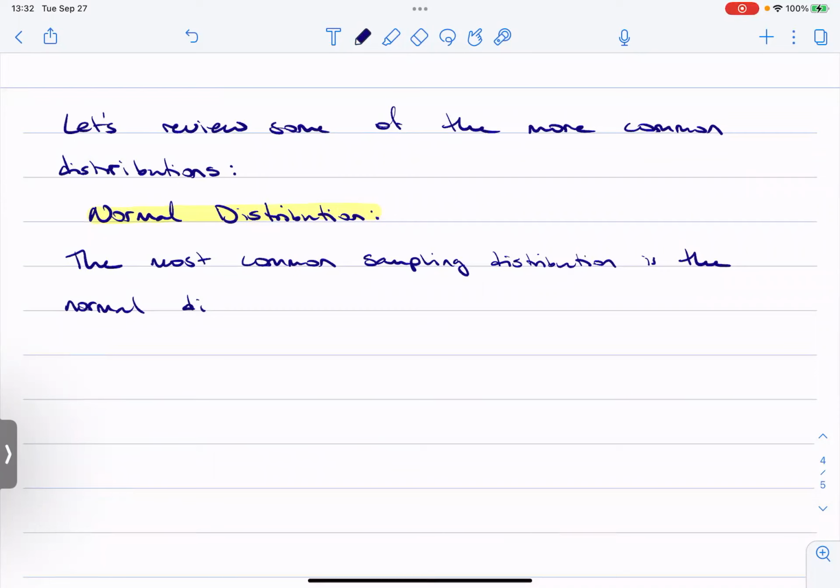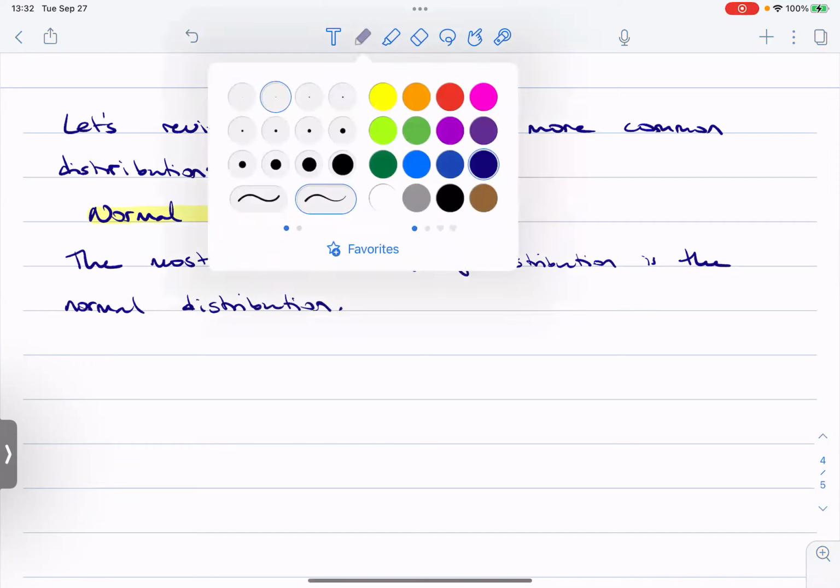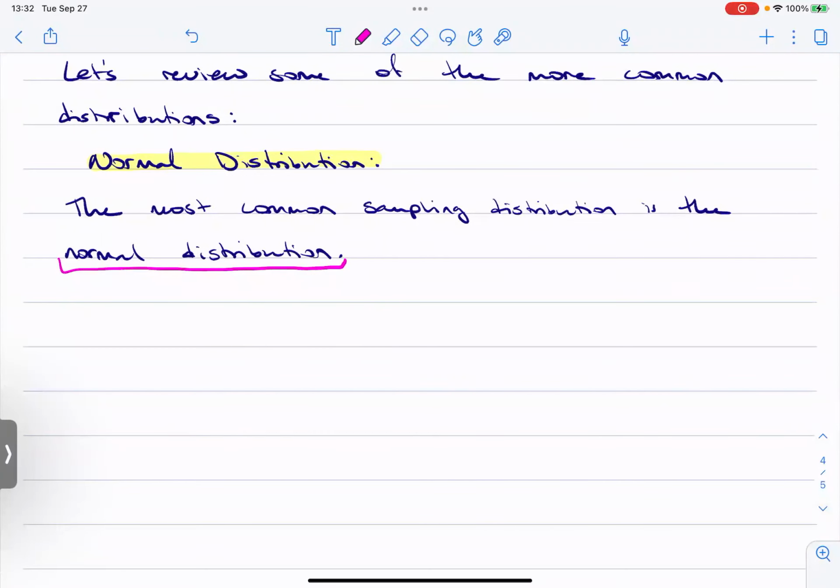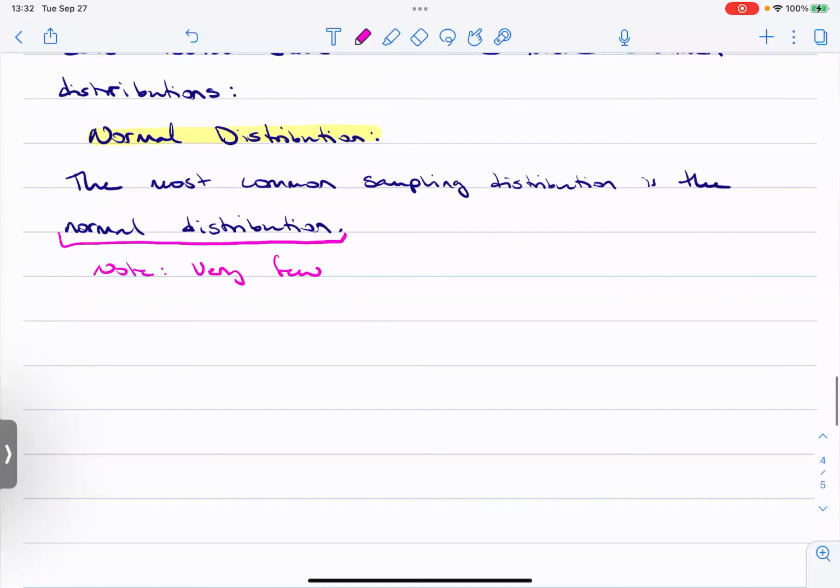But the most common sampling distribution is the normal distribution, with a side note that very few things are actually truly normally distributed. It's very difficult to get there, but it's a good approximation. So note, very few things are truly normally distributed.